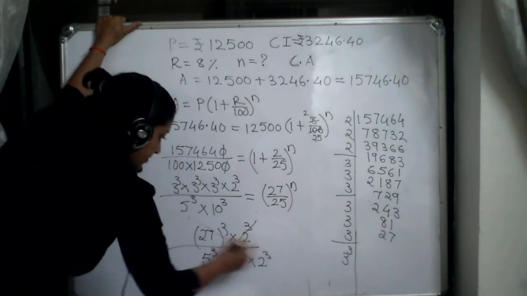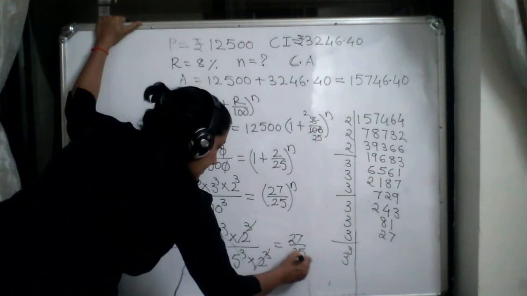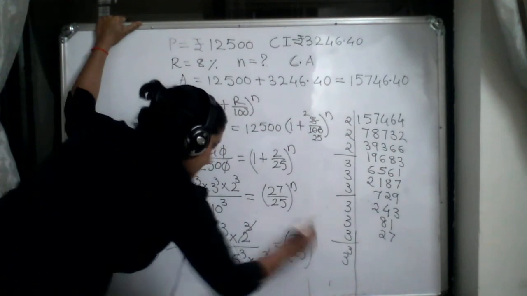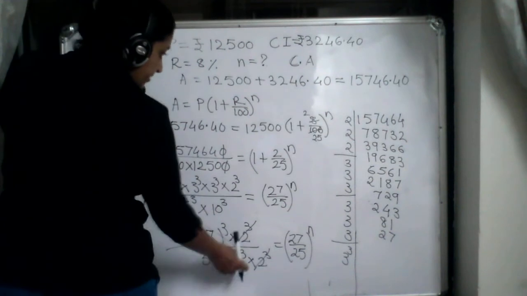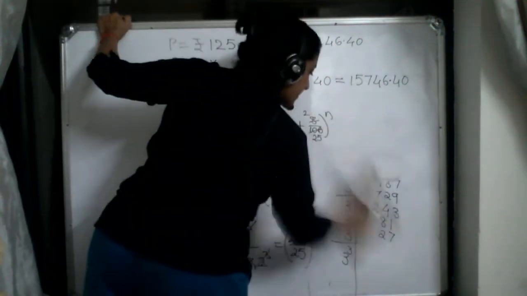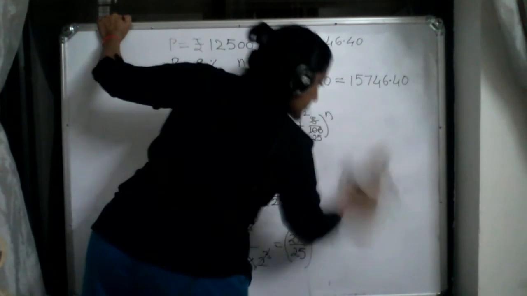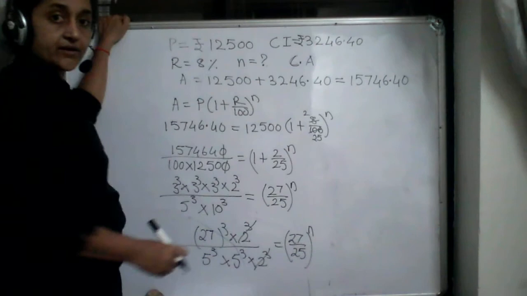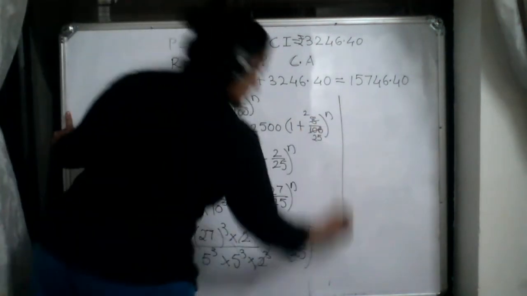Now look, 2 cube will get cancelled, 27 by 25 to the power n I'm writing as it is. Now here these two also can be multiplied. What will it become then? It will be 25 to the power 3. So we have the same numbers in the numerator and denominator of the right hand side.